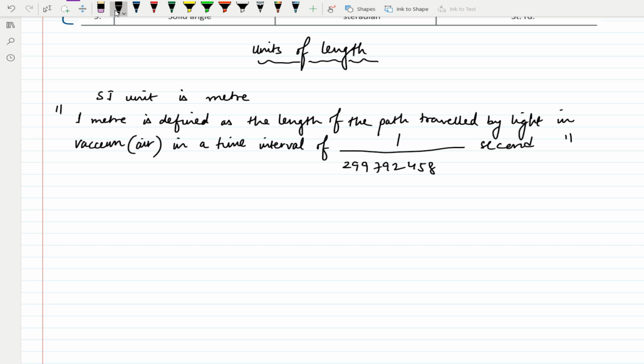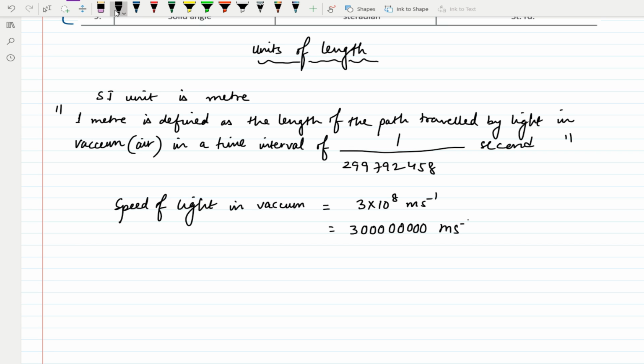Now how does this definition come? As you are aware, the speed of light in vacuum is taken to be 3 into 10 to the power 8 meter per second, which is 3 and then 8 zeros meter per second. But this is not the actual value, this is the rounded value. The actual value is 299,792,458 meter per second.